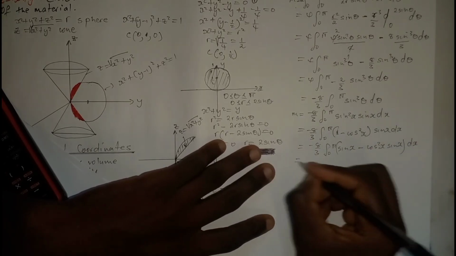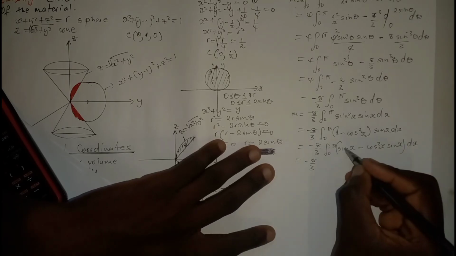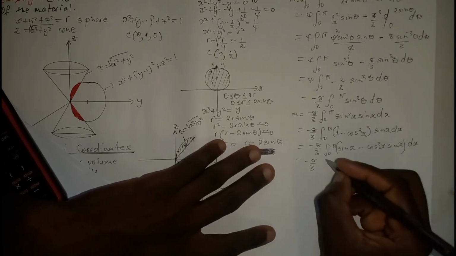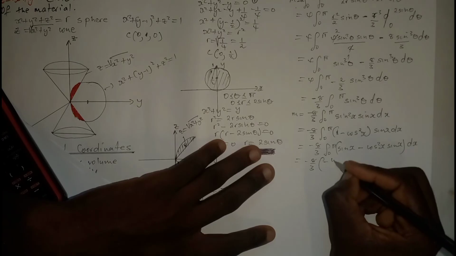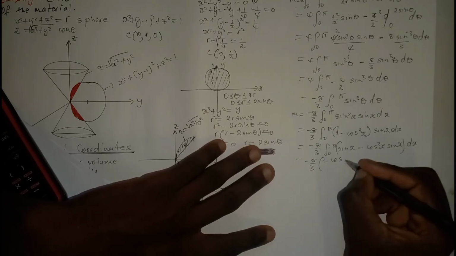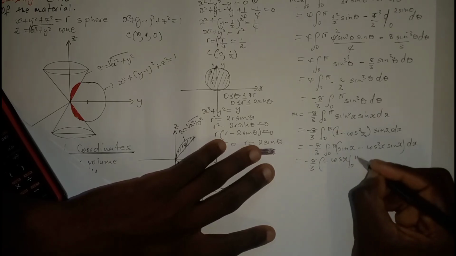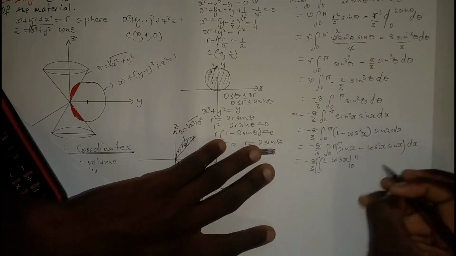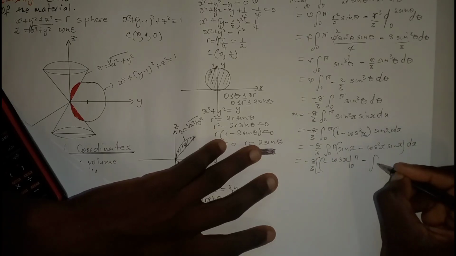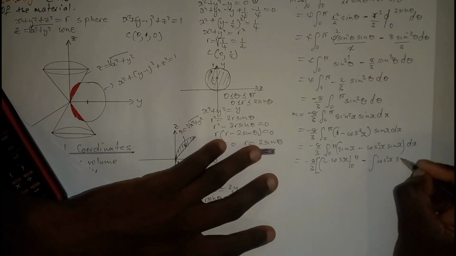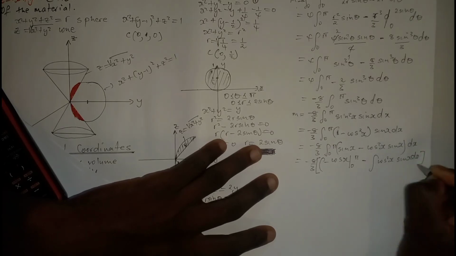So we're going to have negative 8/3, and for sine x it's going to be negative cos. So we're going to have negative cos x from 0 to pi, and here let me just write it as cos squared x sine x dx.